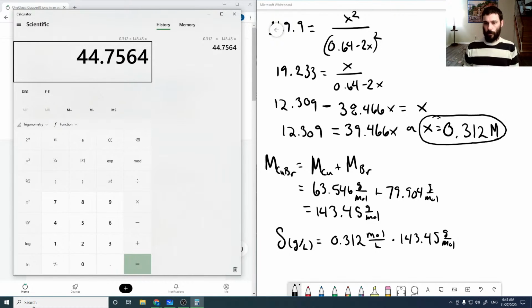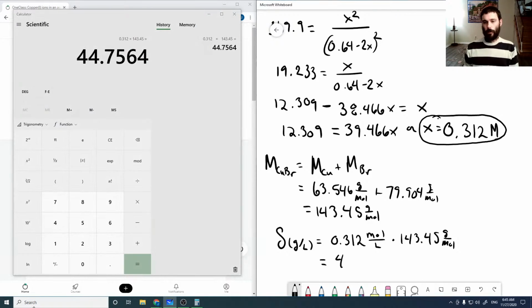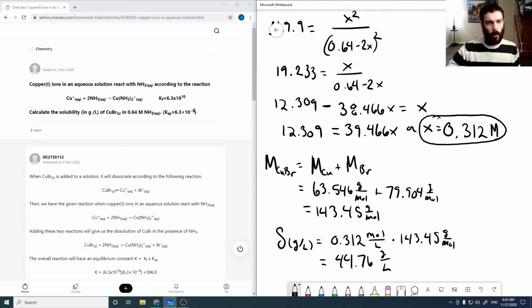So our solubility is 44.76 grams per liter. We have 0.64 molar NH3, so that would be our significant figures, so I would say about 45 grams per liter.